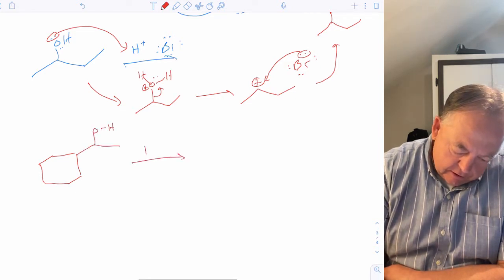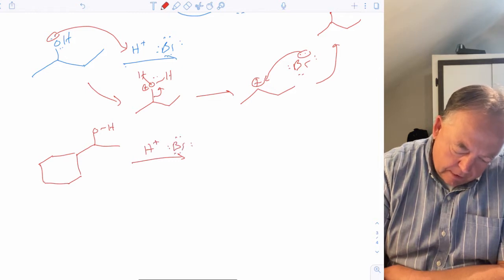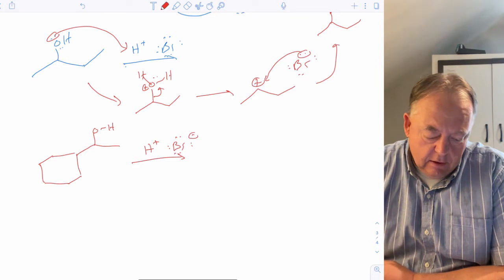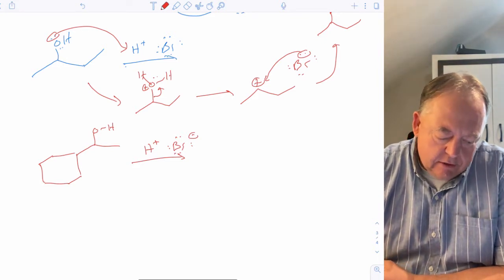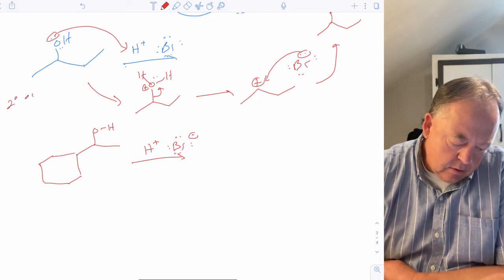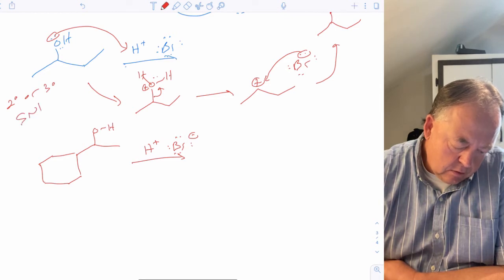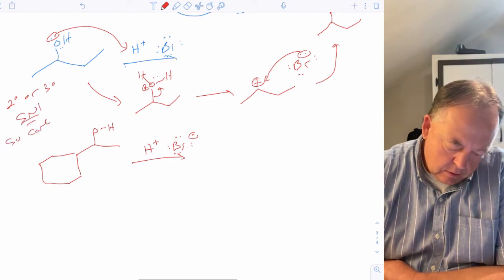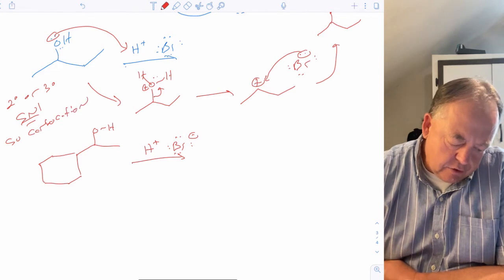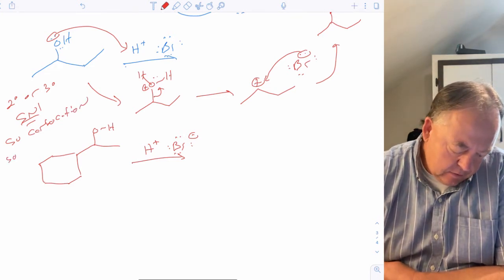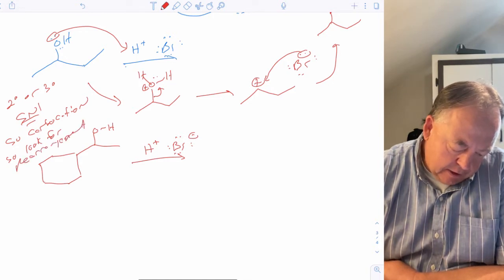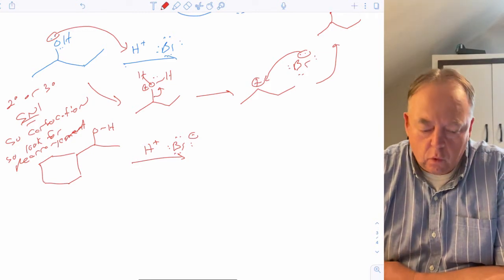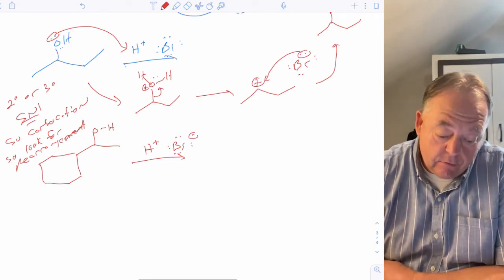Okay, so if we did the same thing with this alcohol, so again, you want to keep in mind, if it's secondary or tertiary, so you make a carbocation, and so anytime you make a carbocation, if you remember from organic 1, you should always look for carbocation rearrangement.